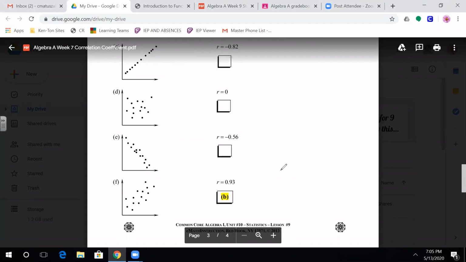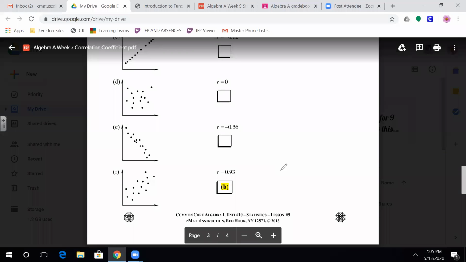Then E, you're also going down. And then F is going up. So that's how you figure that out. So negative, and it's strong, and then positive. So that's how you figure that out, and then you match them all up.